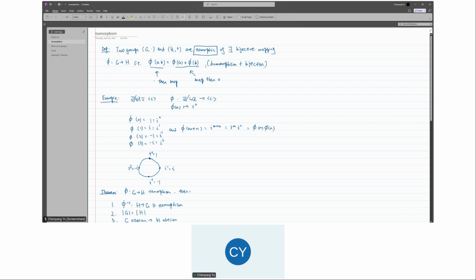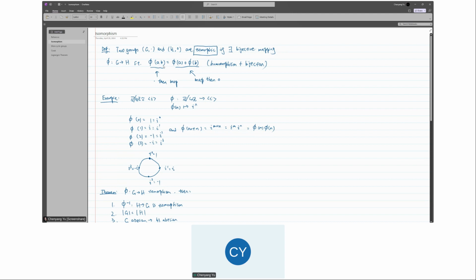It has to satisfy the homomorphism definition, which is phi of a times b, and pay attention to this times, because this is an operation in the first group, equals phi a circle phi b, which is the operation in the second group. So they are different, okay?